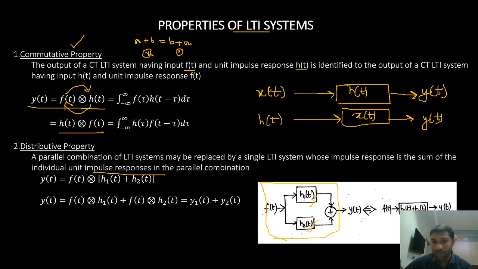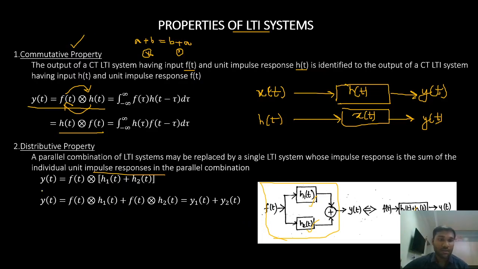So here I have h1 of t and h2 of t, two systems connected in parallel. I can replace this parallel combination by a single system whose impulse response is the sum of h1 and h2.